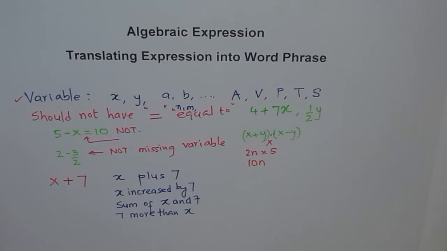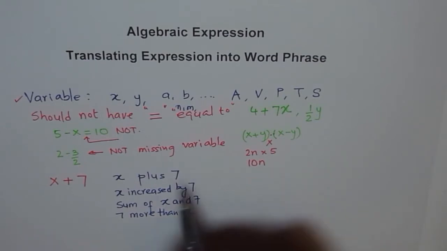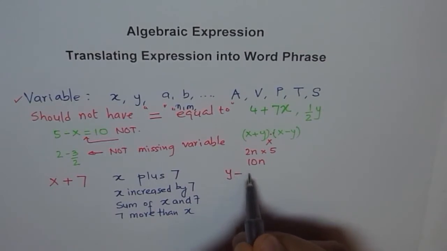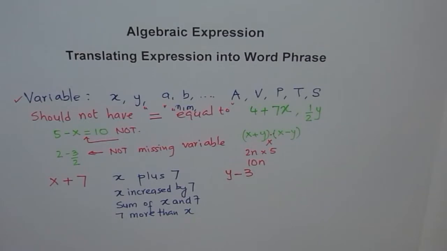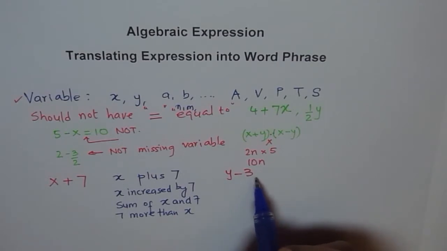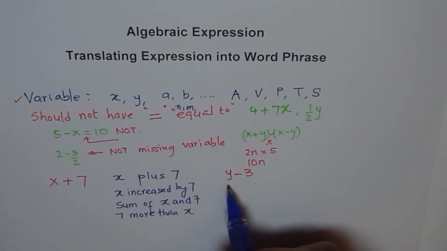Like that. Now let me give you another example which is not that easy. This time I will use a different symbol and let me say we use y minus 3. Now y minus 3, is it an algebraic expression? Yes it is. Why? Because it has a variable y in it, and does not have an equal to sign. So our two main criteria are having a variable and not having an equal to sign. Perfect, remember that.